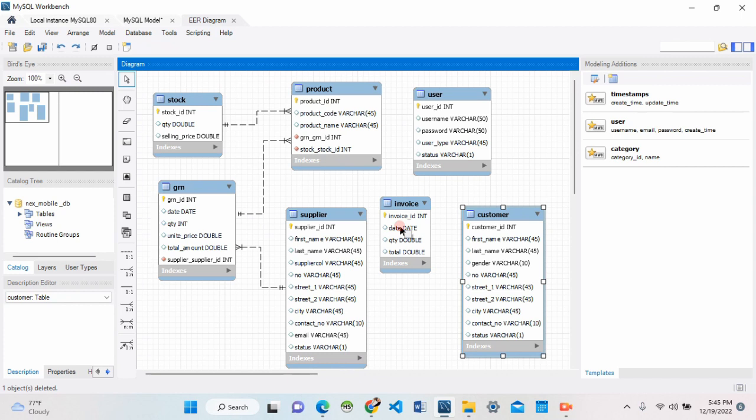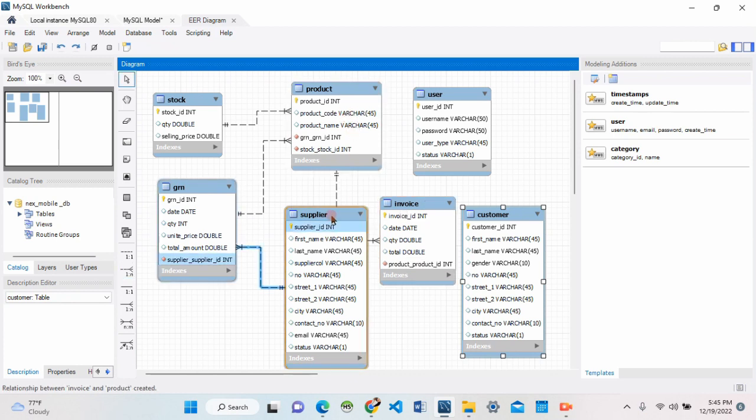Here, when we marked the many-to-many relationship, it created a table. So here I will mark the product and invoice table relationship as one-to-many. The invoice table should be the many side, and the product table should be the one side.